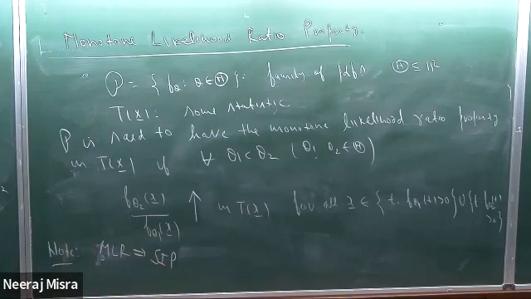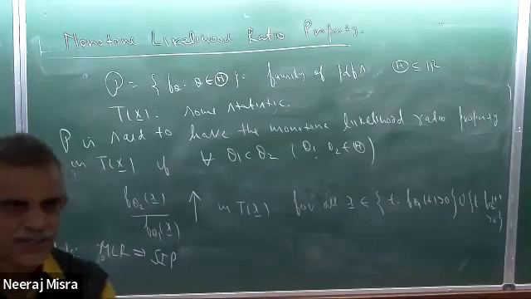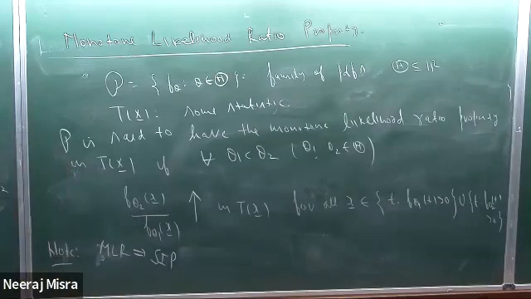One can prove it, but I think it's more important to know the result rather than proving it, because this course is mainly on testing, so I don't want to spend a lot of time in that domain. The proof is not complicated, but just note the fact that MLR implies SIP. So I would not bother that much about SIP. I would bother about MLR because that would normally be very easy to verify.